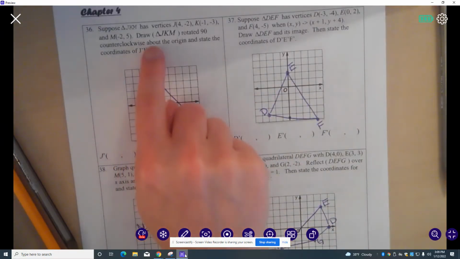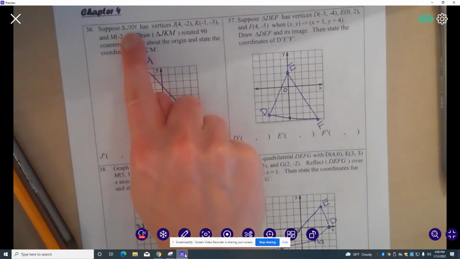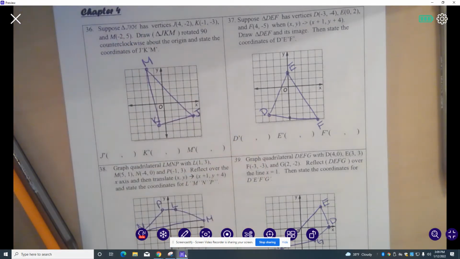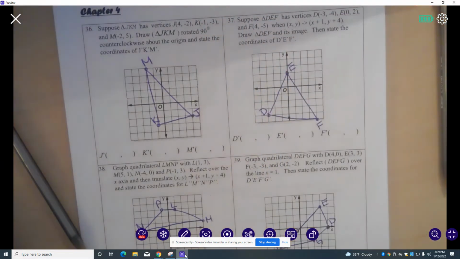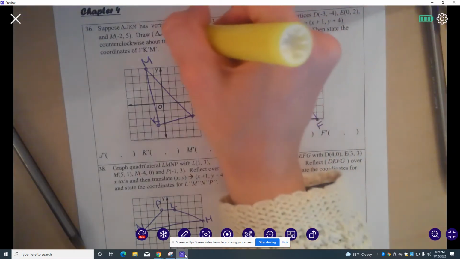All right, so in number 36, I went ahead and graphed triangle JKM. It says draw triangle JKM rotated 90 degrees counterclockwise about the origin and state the coordinates of J prime, K prime, M prime. So we are doing a rotation.